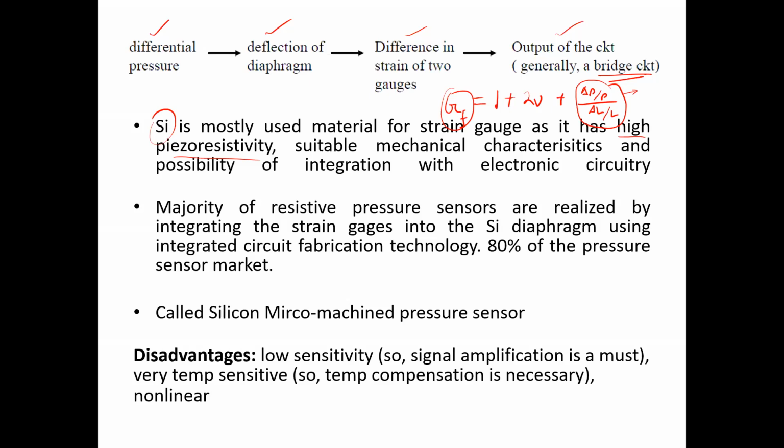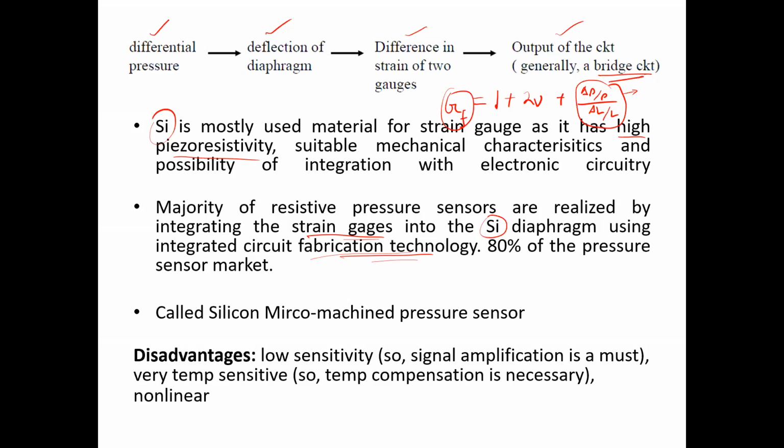Now, the majority of the resistive pressure sensors are actually formed by strain gauges made of silicon, on a diaphragm which is also made of silicon. So this allows the same fabrication technology to be used to form both the diaphragm and the strain gauges.